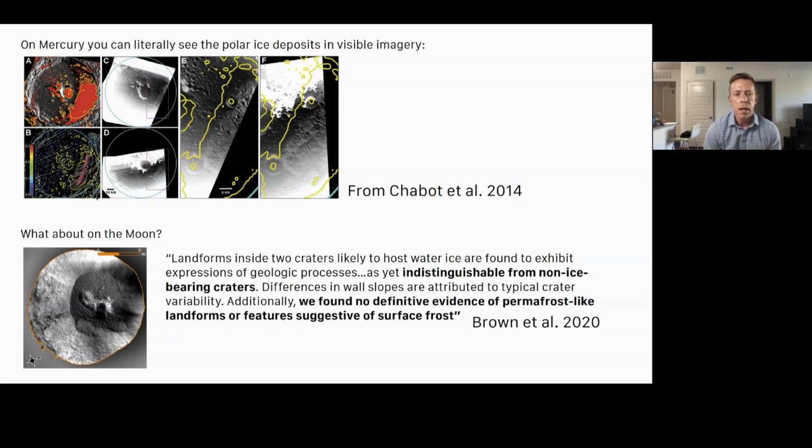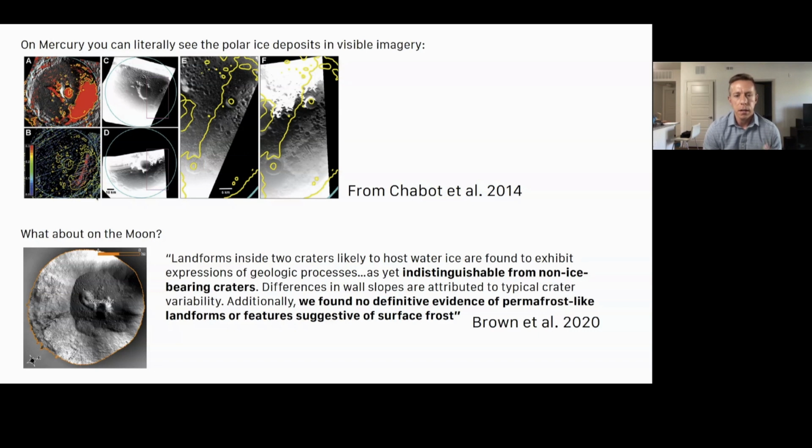People have looked at the stretched MAC images over the PSRs. They've looked carefully for frost or geomorphologic features that might be consistent with ice, and they have yet to find any. One example is an abstract from Brown et al.